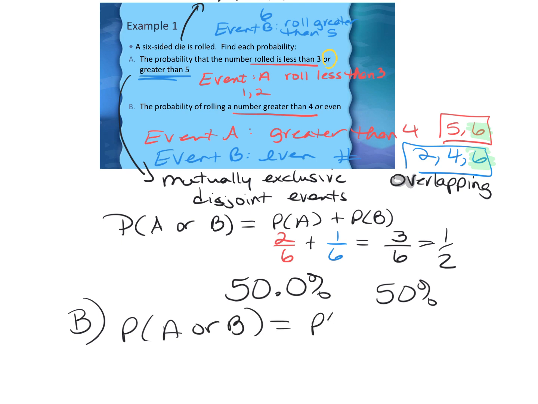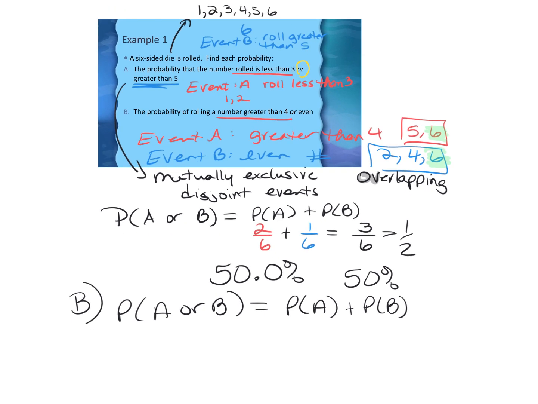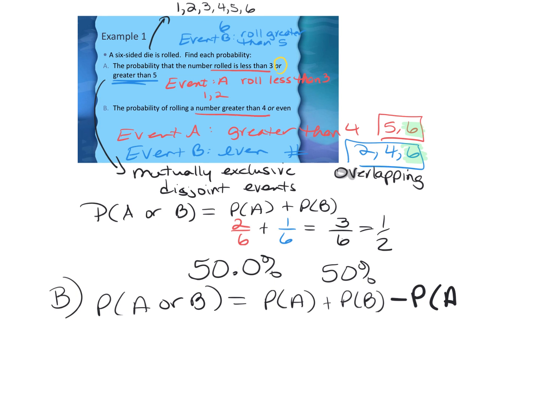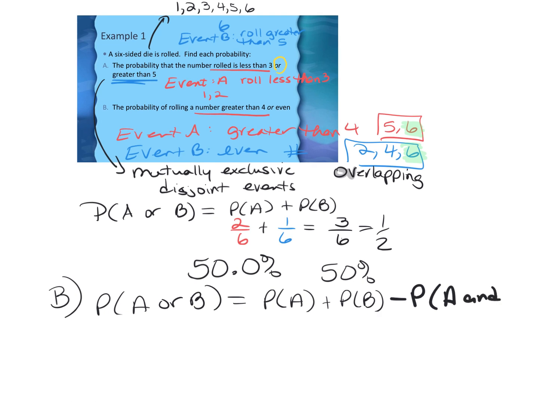I'm going to set it up as the probability of event A plus the probability of event B, but this time, because there's an overlap, I have to subtract that overlap. So A and B. So that overlap, there's only one number that overlapped. So 1 over the 6 is the overlap because 6 is in common.